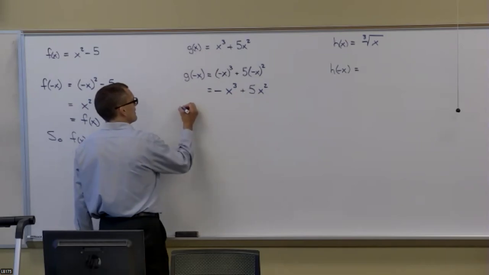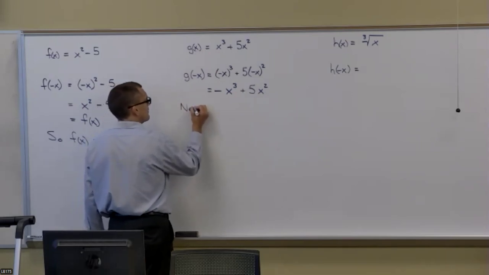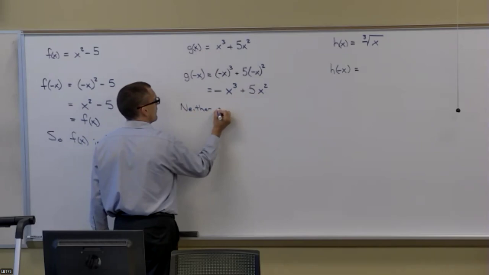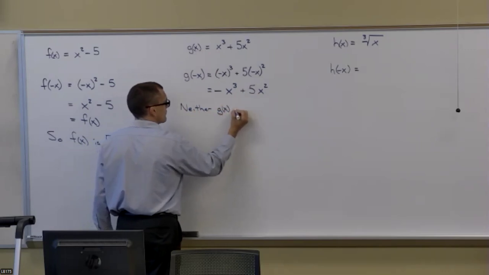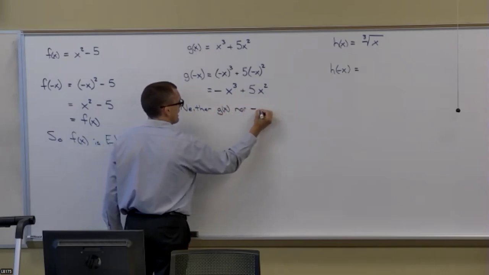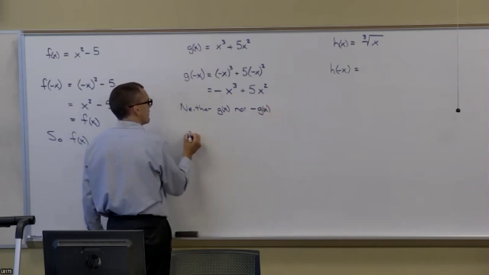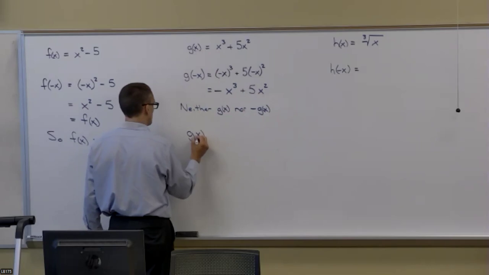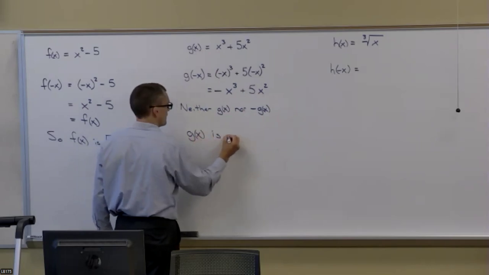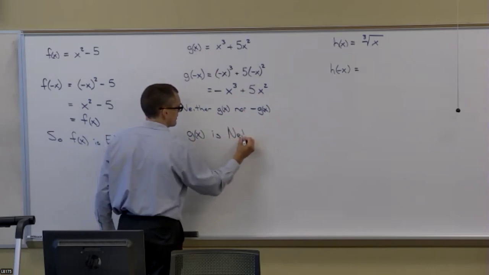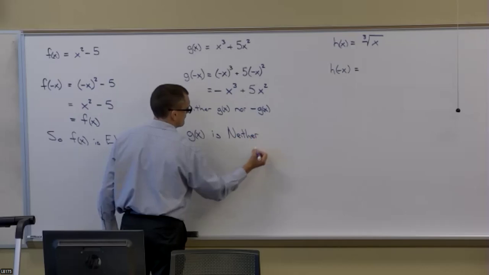So this is neither g of x nor negative g of x. So that means my original function is neither even nor odd.